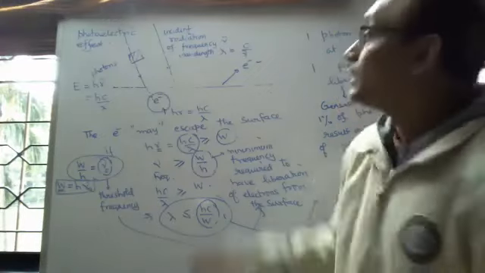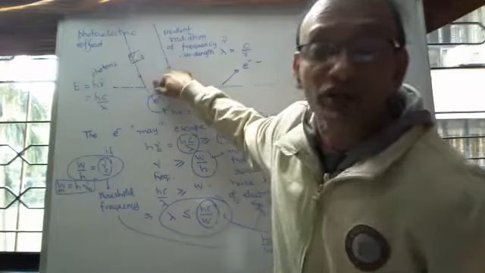In fact, if this gamma is less than gamma naught, then efficiency is 0.